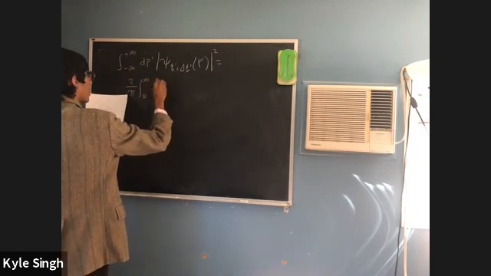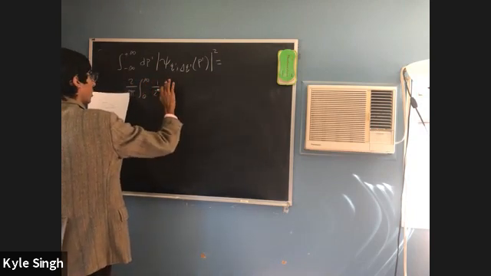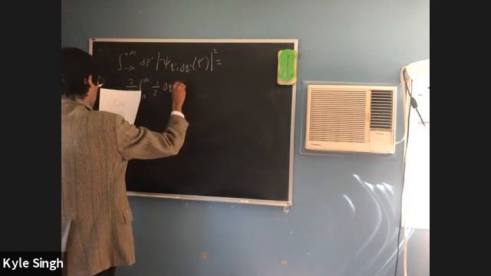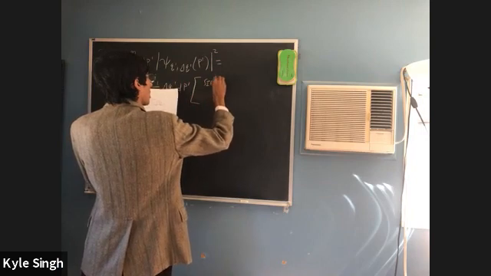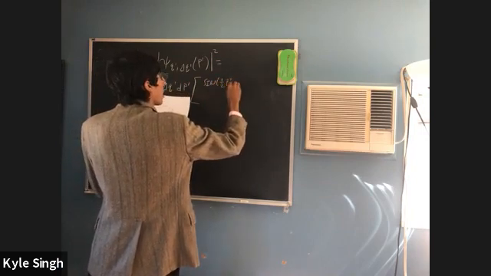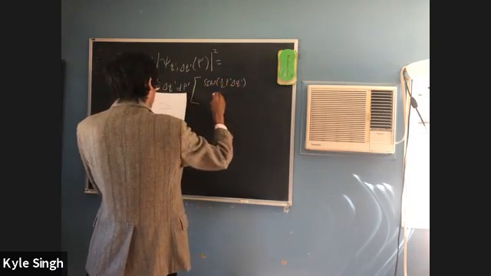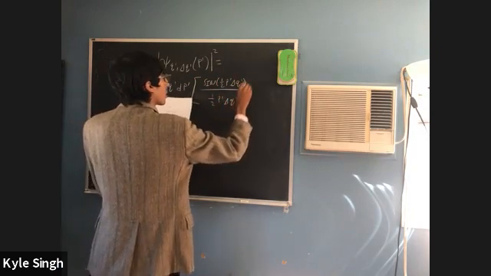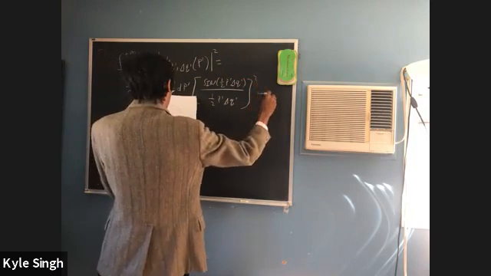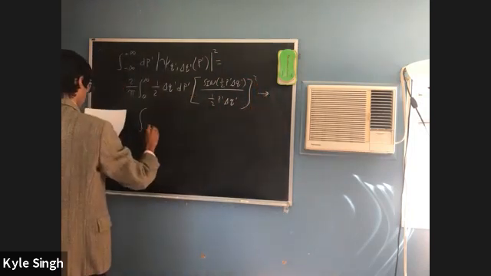If I just take this integral, delta q prime, p prime, delta q prime, Q prime equal to Q prime squared. And I use this identity.